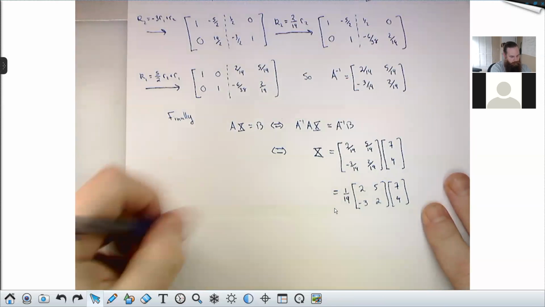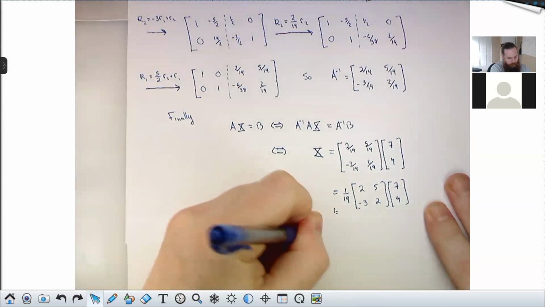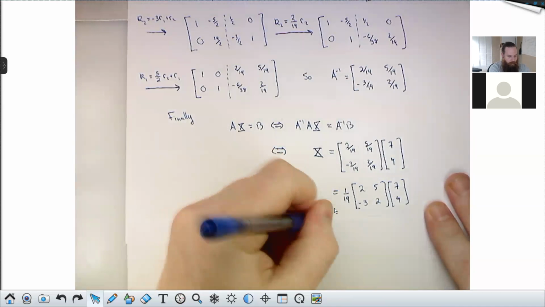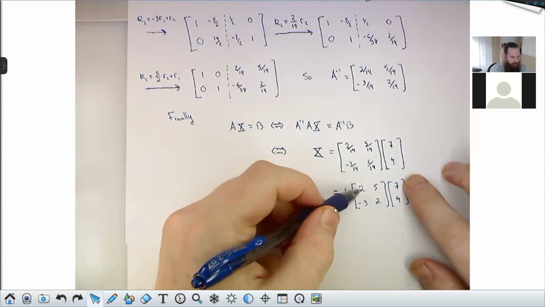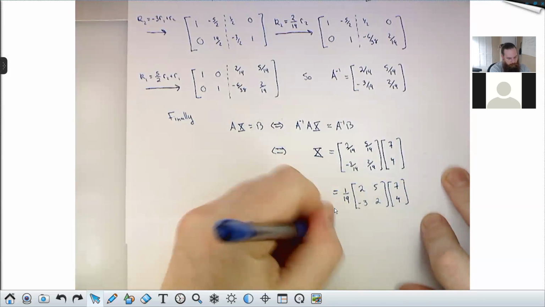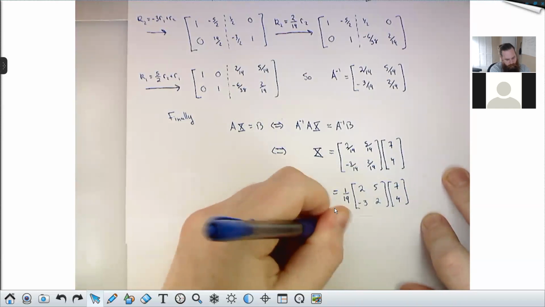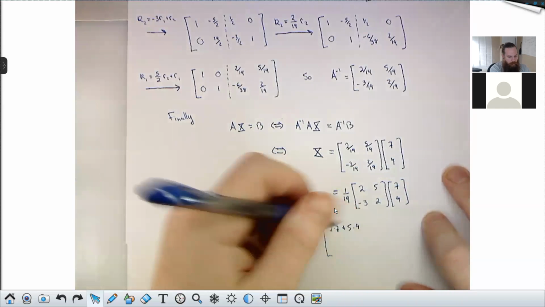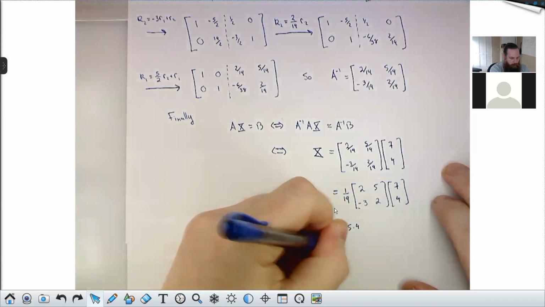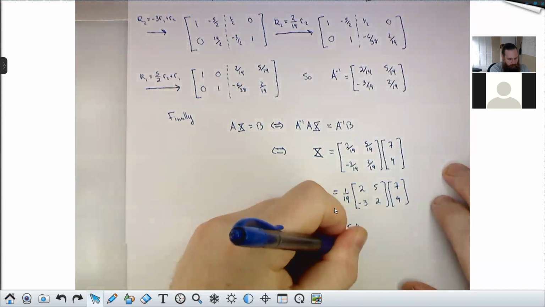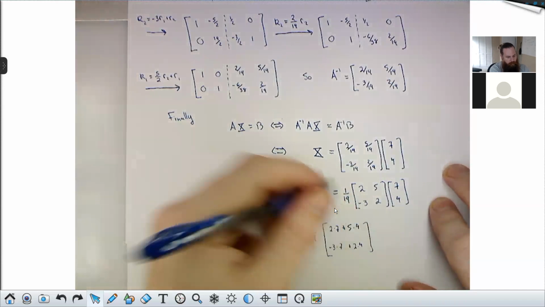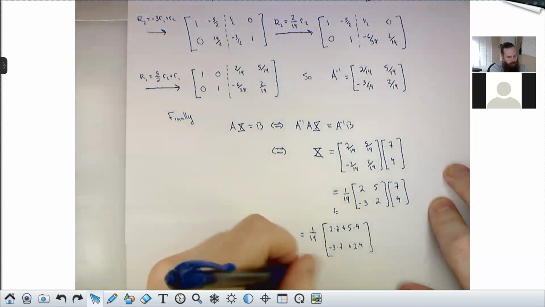So this is 1/19. Now I need to do this product. So 2 times 7 plus 5 times 4. And then negative 3 times 7 plus 2 times 4. And it's a 2 by 1.